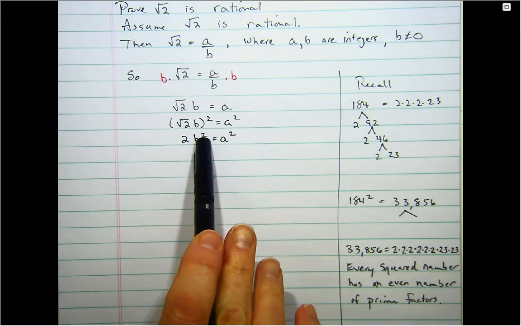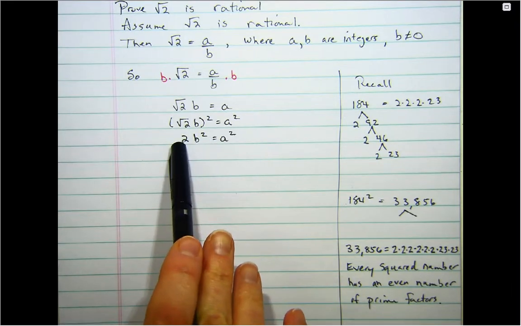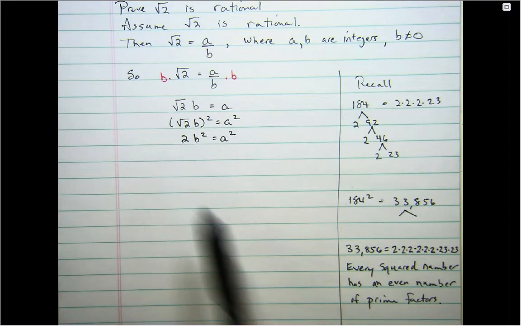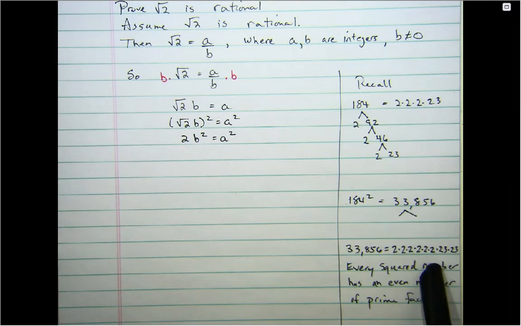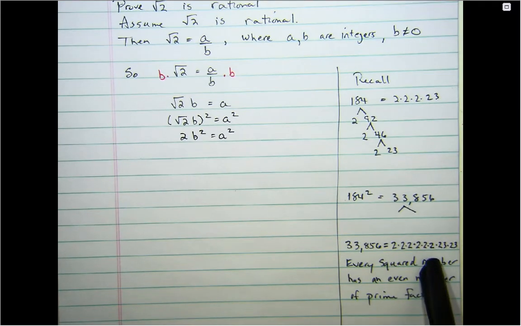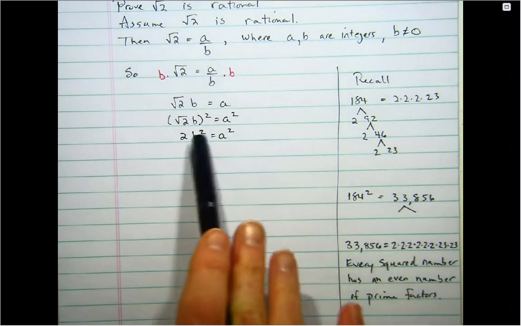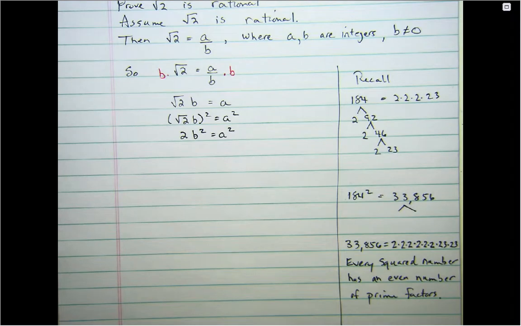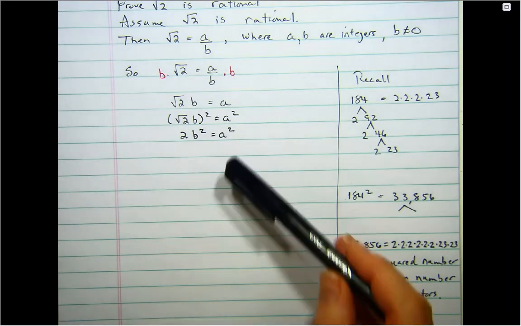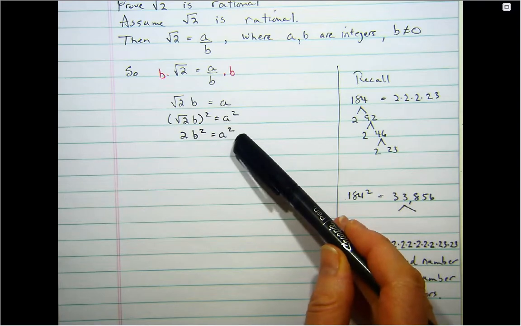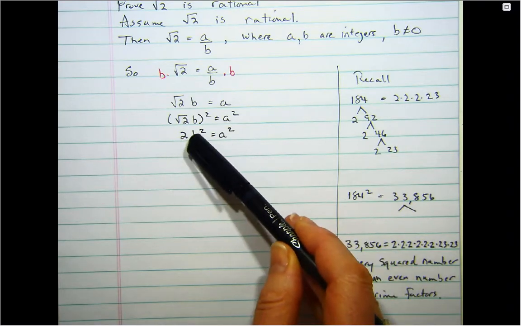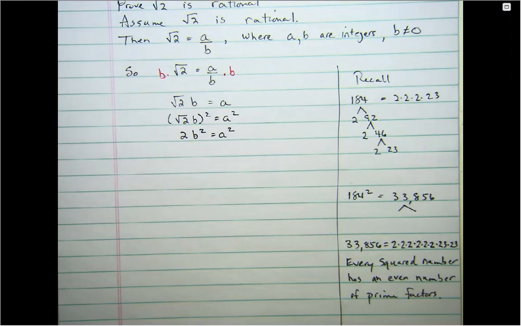But there's one more number, a 2. If you take an even number of factors and put one more on there, all of a sudden it's not an even number anymore. It's an odd number. So these two can't be equal. 2b squared is a number. It can't be equal to whatever a squared is, because a squared has an even number of prime factors, and 2 times b squared makes an odd number of prime factors.